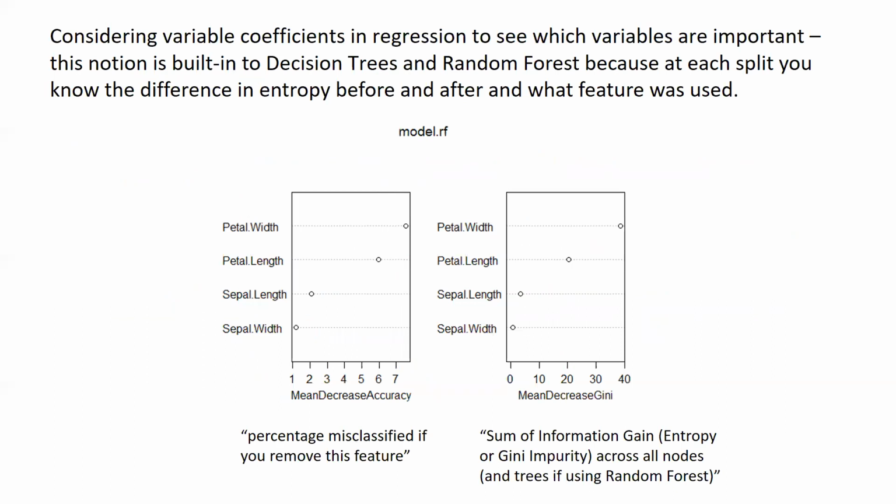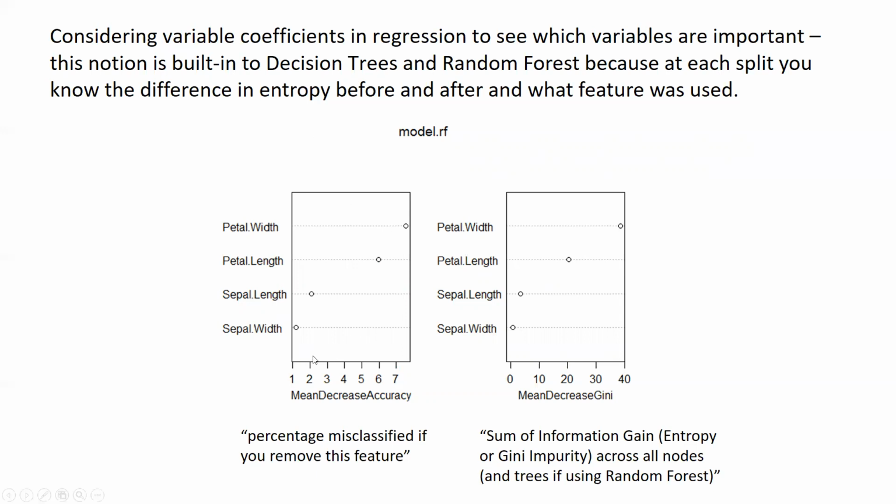Now, I want to talk about something really important about decision trees and random forest, and this is a byproduct of the Shannon entropy. If you're asking questions of your data, and this applies in random forest or decision trees, every time you ask a question, you measure the information gain. So you know that when I asked about blood pressure, I gained more information overall than if I asked about how much exercise you do.